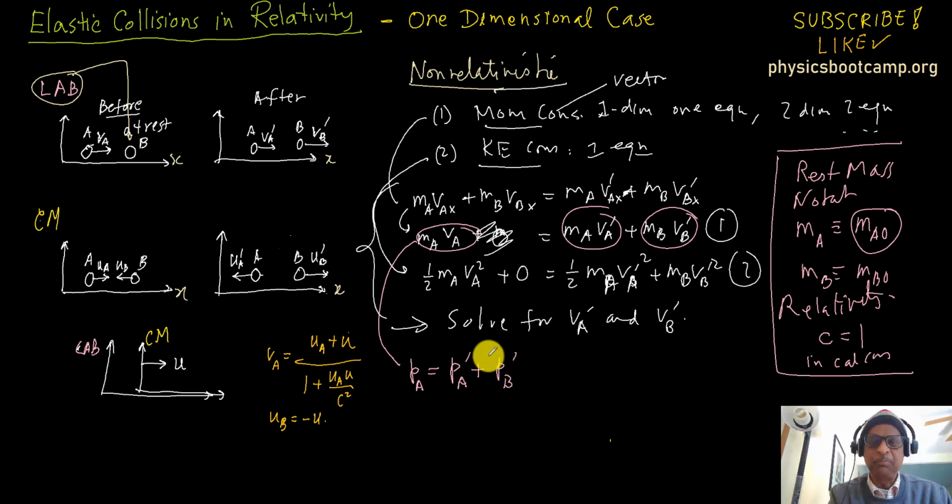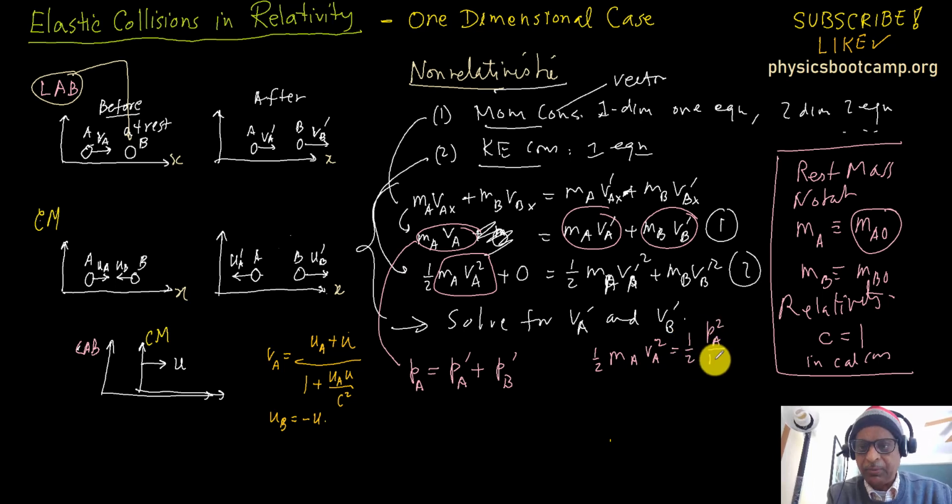And you'll see in a minute, if you have ma va squared, half of this kinetic energy will be half PA squared over MA.